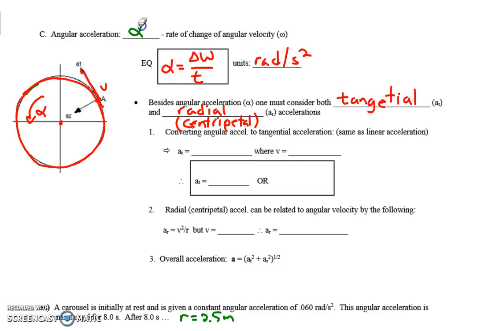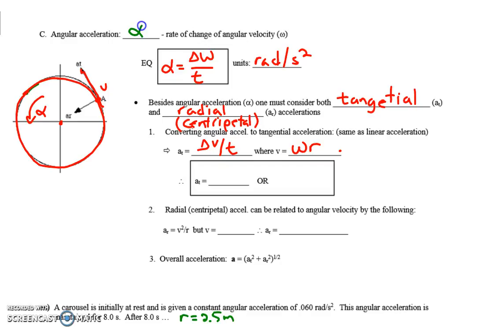So let's make a connection between linear acceleration and angular acceleration. It's a very simple connection. If linear acceleration is by definition delta v over t, and we learned that the connection between linear and angular is omega r, then we can put in delta omega r.